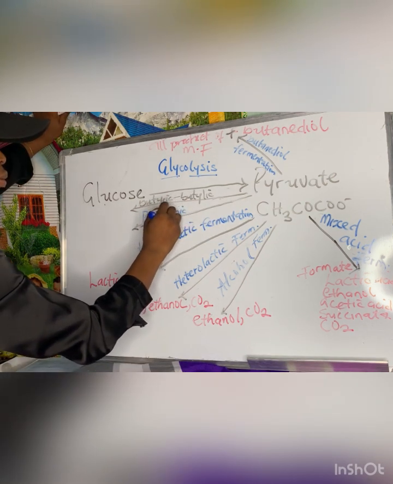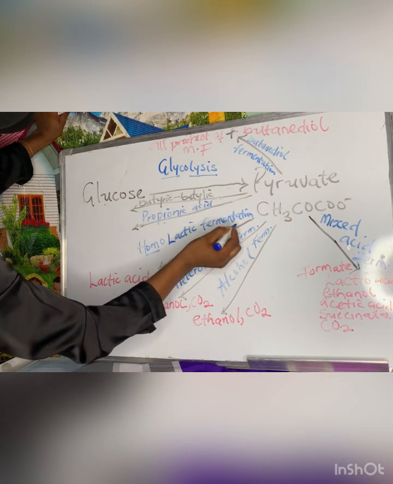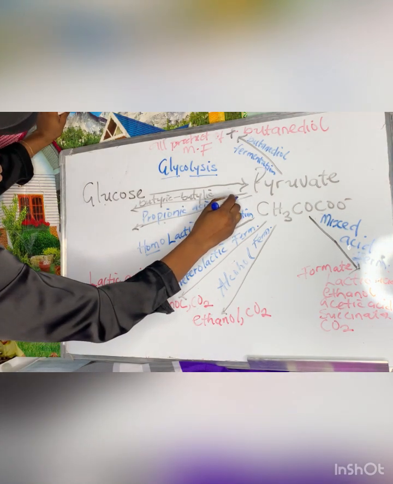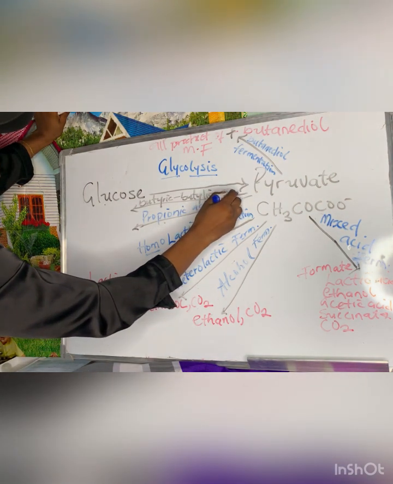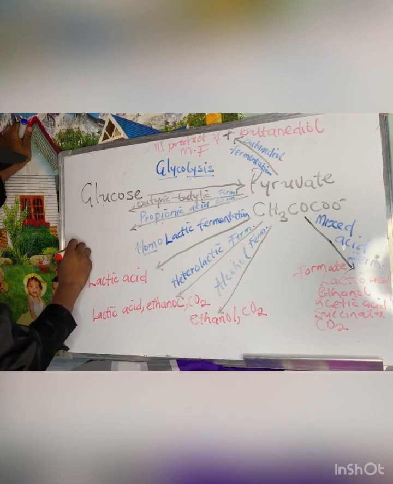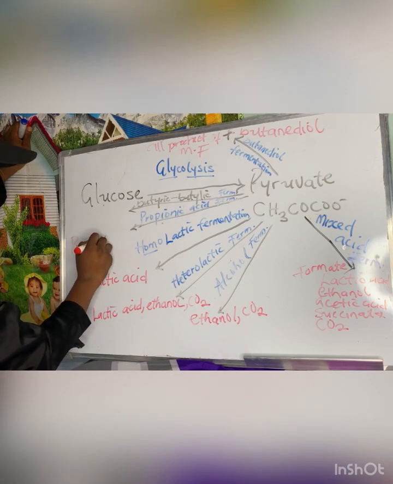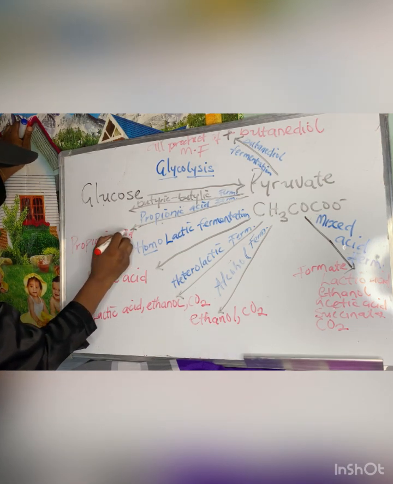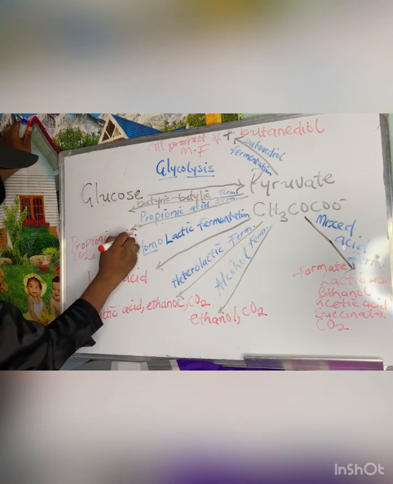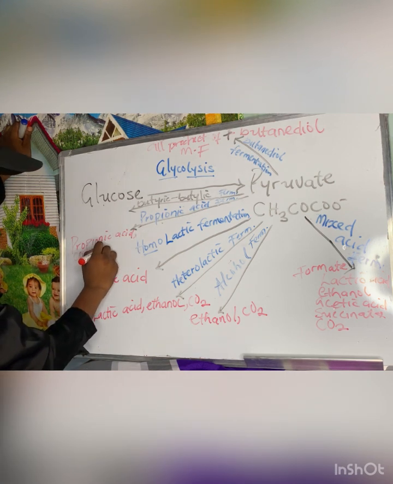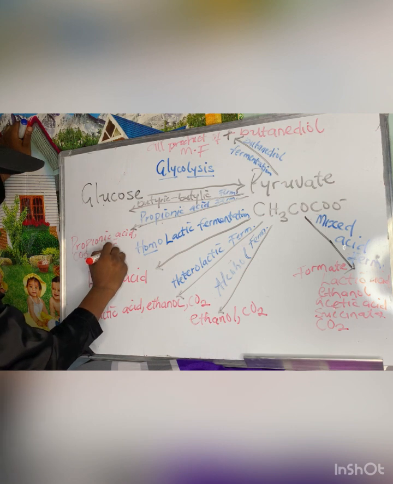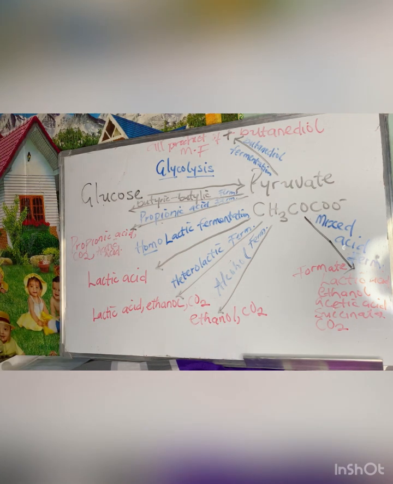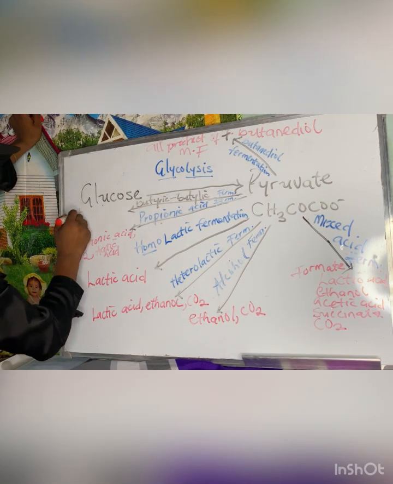So there is another pathway that pyruvate can follow. We have butyric and propionic acid fermentation. Under propionic acid fermentation, it produces propionic acid, plus CO2, and then acetic acid as well.